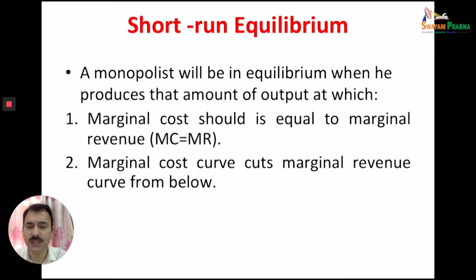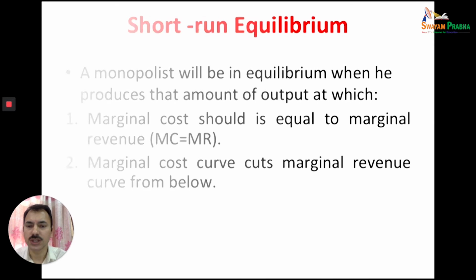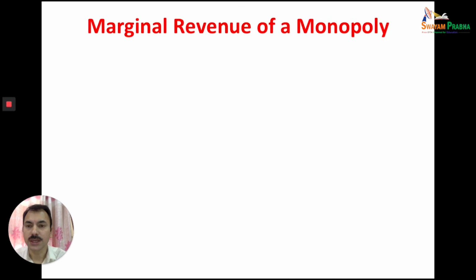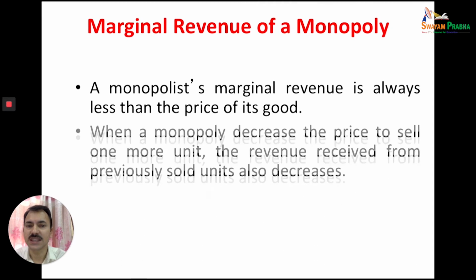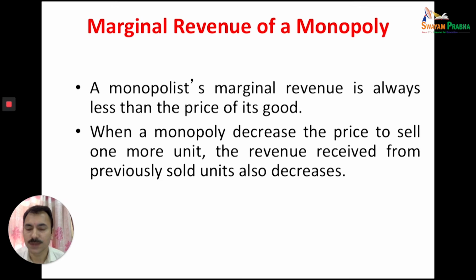When these two conditions are there, the producer will be in equilibrium. The marginal revenue of a monopolist is always less than the price of its goods. When a monopolist decreases the price to sell one more unit, the revenue received from the previously sold units also decreases.